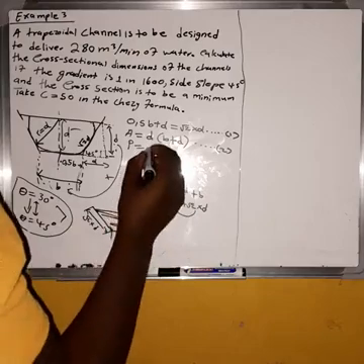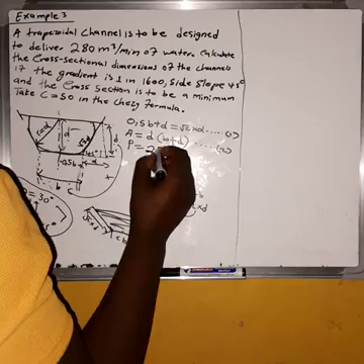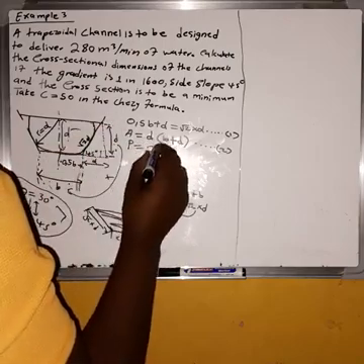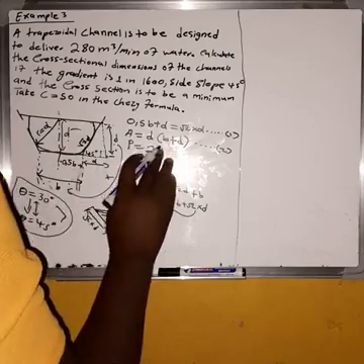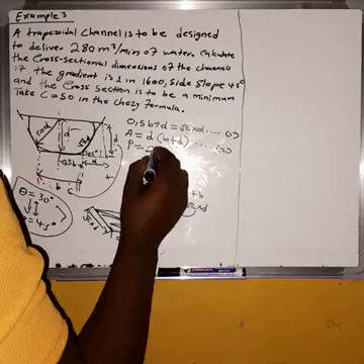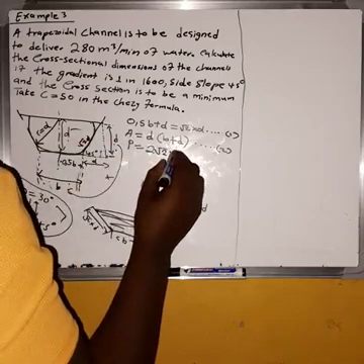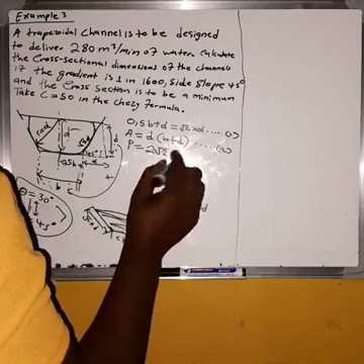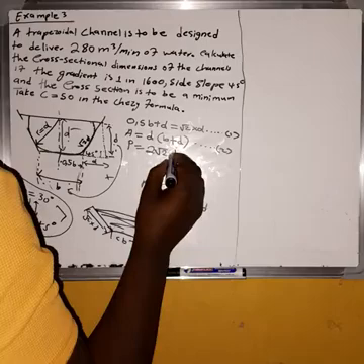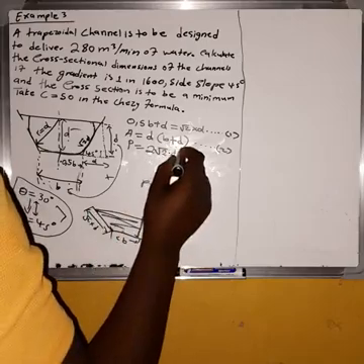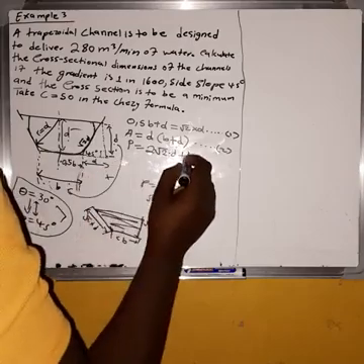Formula 3 is 2, sorry, not pi. It's 2 square root of 2 multiplied by d plus b.